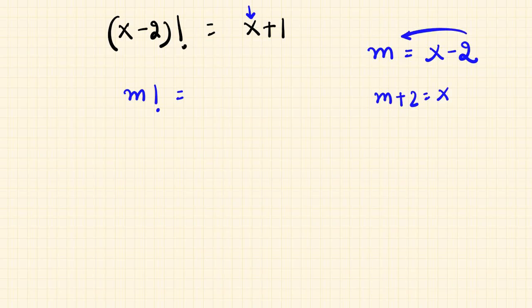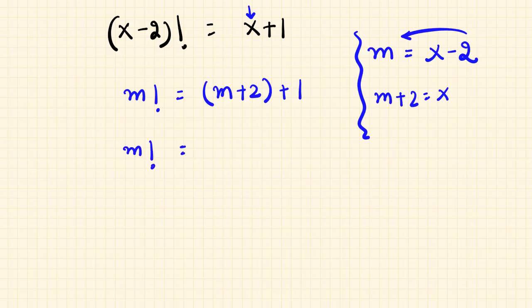So m plus 2 is x plus 1, and this became m factorial is equal to m plus 3. Perfect.